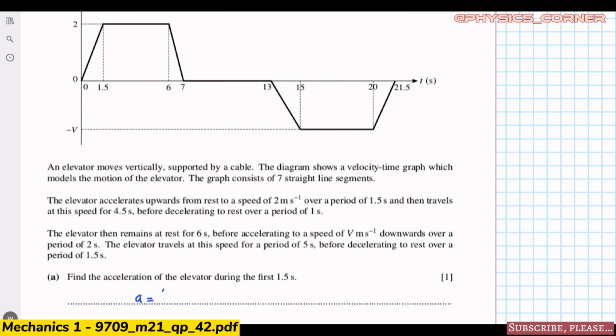Acceleration is change of velocity divided by change of time. Velocity is from 0 to 2, so 2 minus 0 divided by 1.5. This is about 1.33 meters second minus 2. That is the acceleration in the first 1.5 seconds.